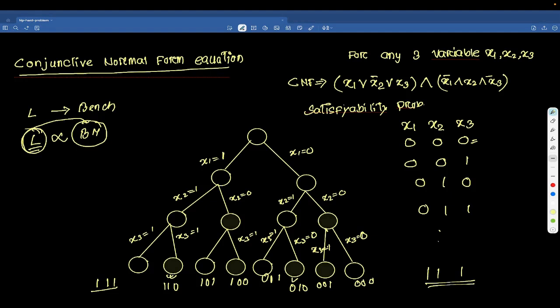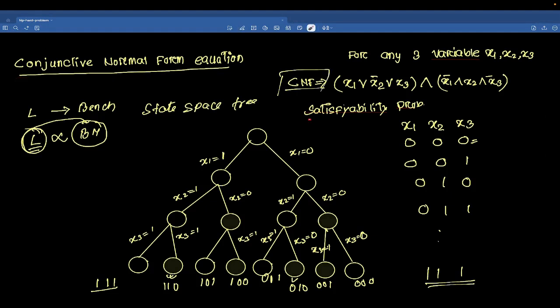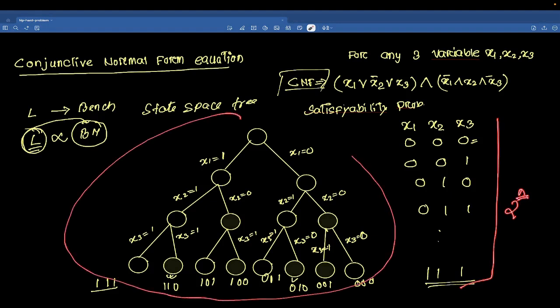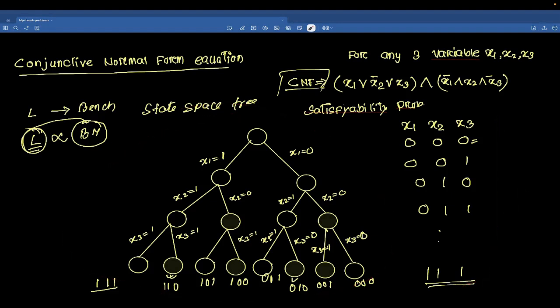So this is called the state space tree for the CNF or satisfiability problem. So now we have the benchmark problem. We also have a solution, the brute force approach, which gives a time complexity of order 2 to the power n. And also we have seen the state space tree for the satisfiability problem.